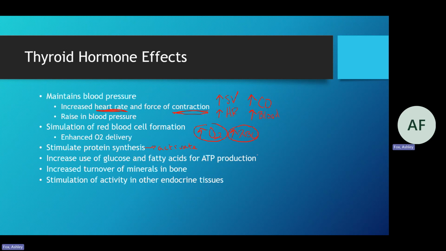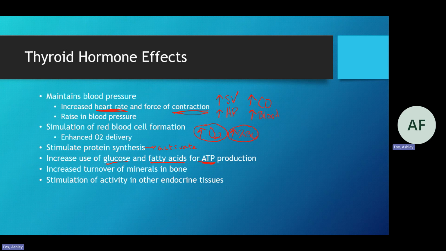Because you are increasing your ATP production by using more oxygen and more nutrients, you can use glucose or fatty acids that are converted into glucose to make ATP. Glucose is needed for the reactions in the mitochondria to make ATP.